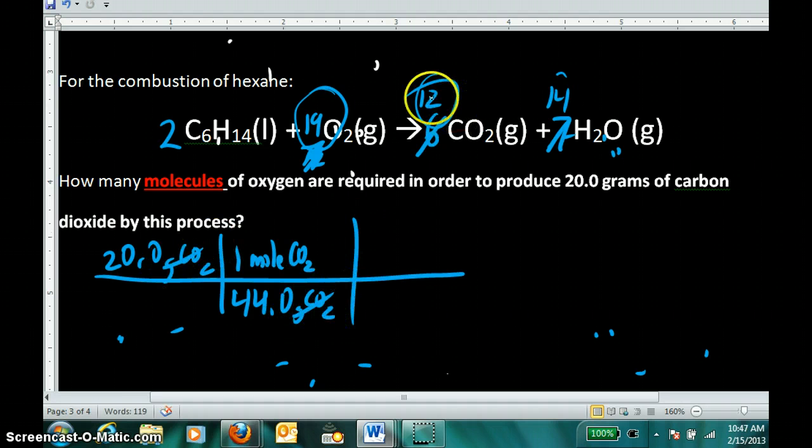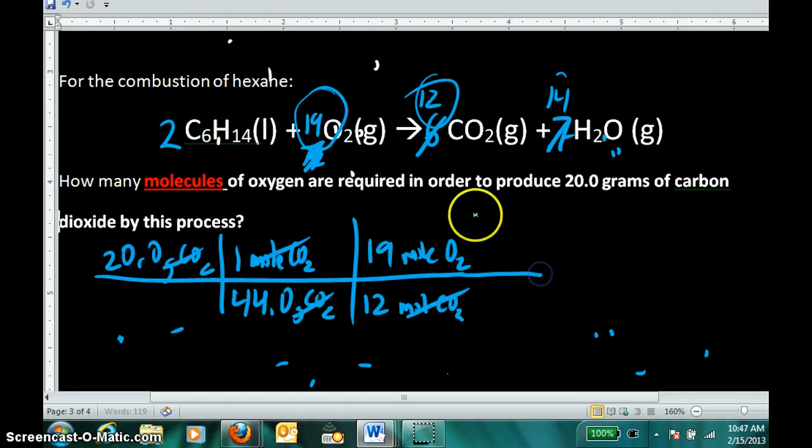Now we can make the conversion between product and reactant in this case, because the relationship clearly tells me that we get 12 moles of our CO2 produced for every 19 moles of oxygen consumed in the reaction. There's the stoichiometry, and that's essentially what I needed in this problem.